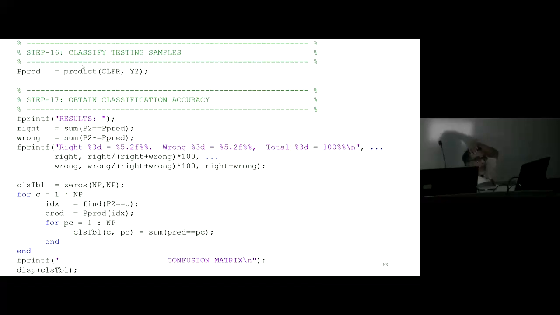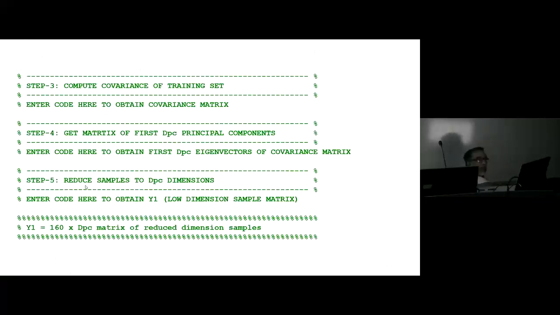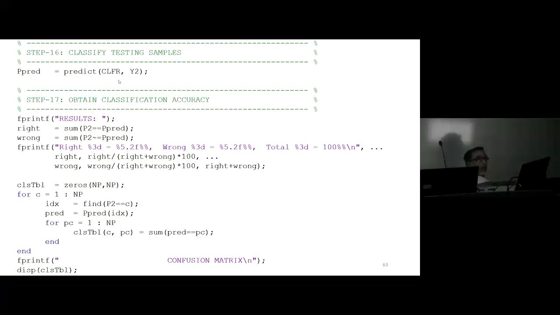And then what I do is I then do the same thing with my testing samples. I get Y2, the testing samples in reduced dimensions, and then this is my nearest neighbor classifier.